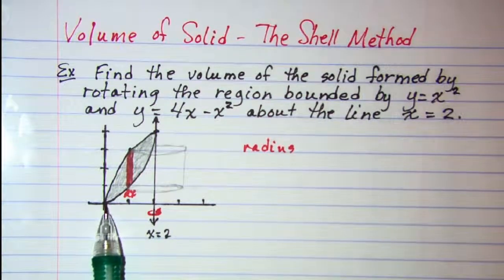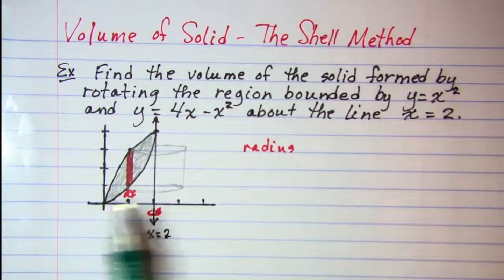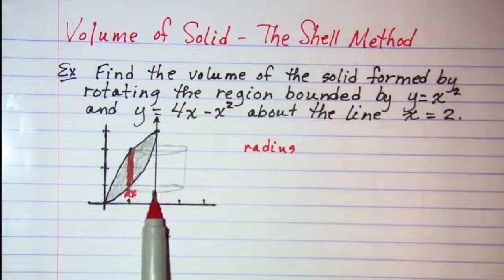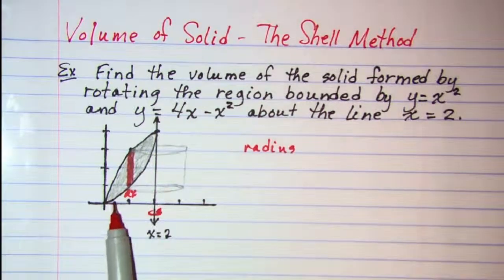When my rectangle is at this point, my x value is 0, but my radius is 2. So my radius is going to be 2 subtract x.